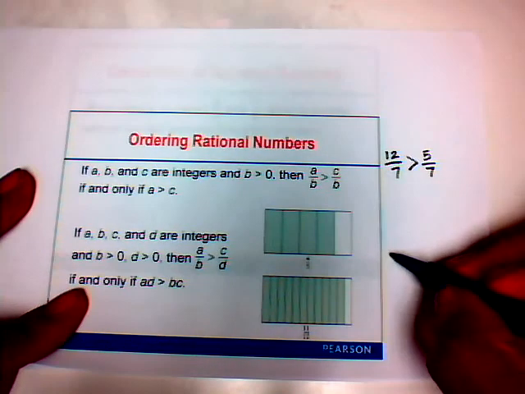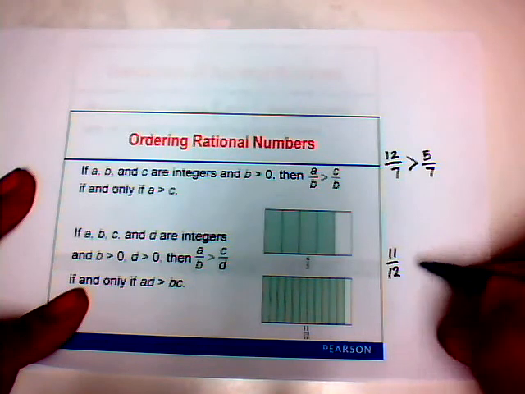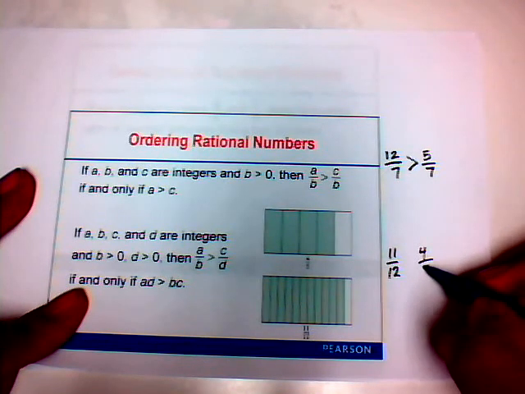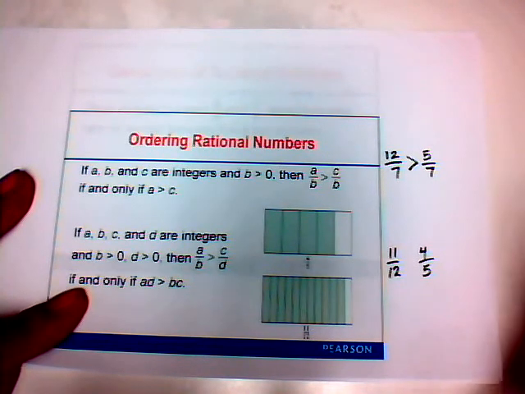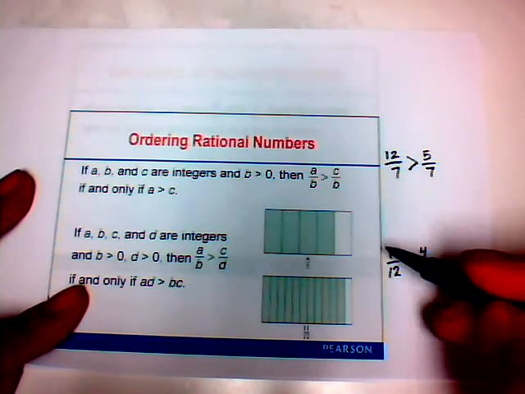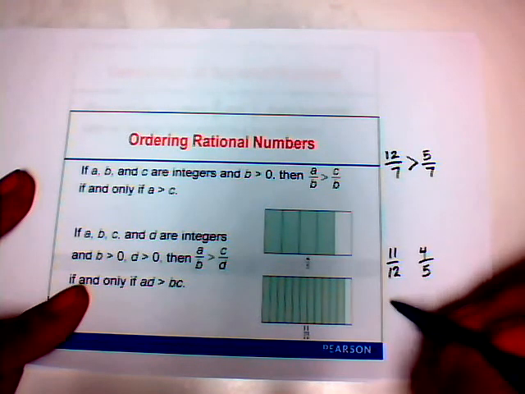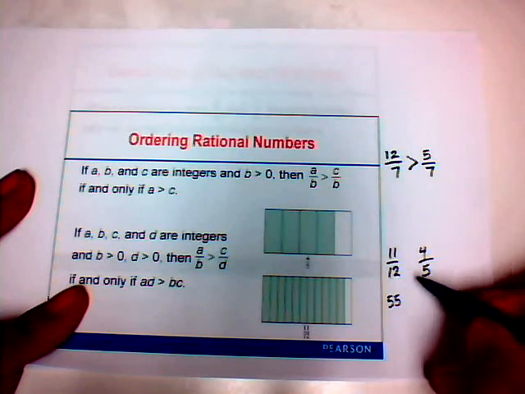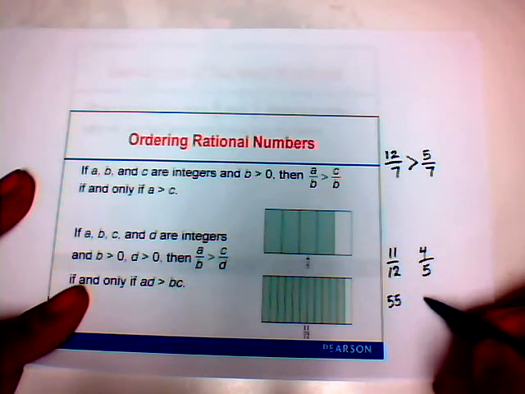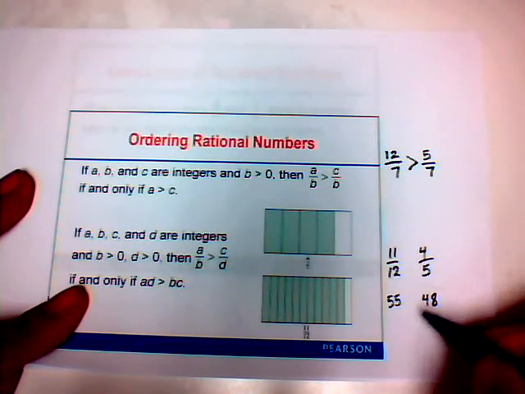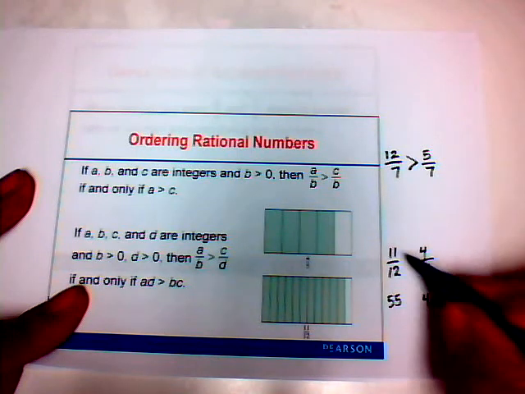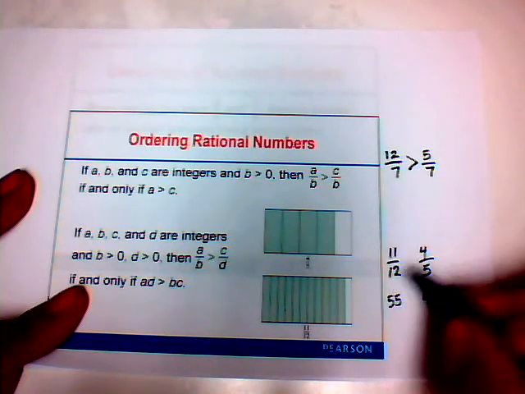So if we look at this one, 11 twelfths and 4 fifths, if we take the cross product of 11 and 5, you're going to get 55. If we take the cross product of 12 and 4, you're going to get 48. Compare this cross product to this cross product.